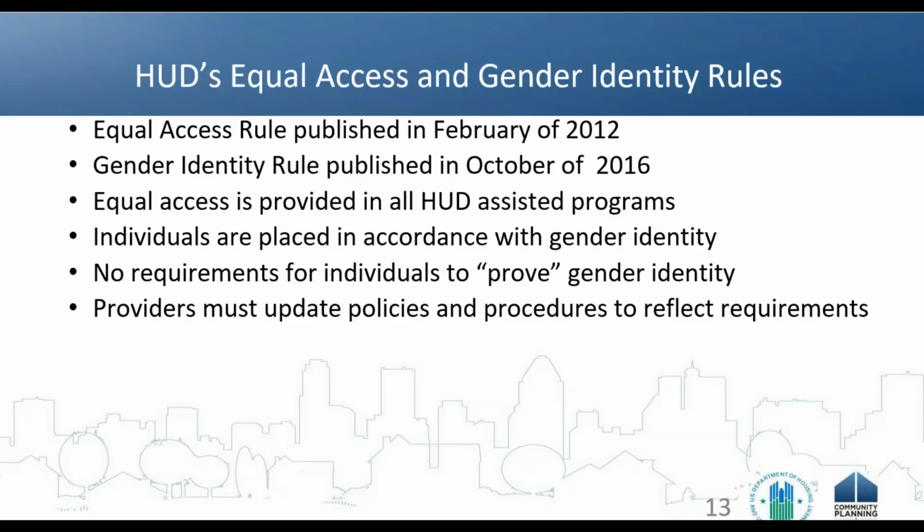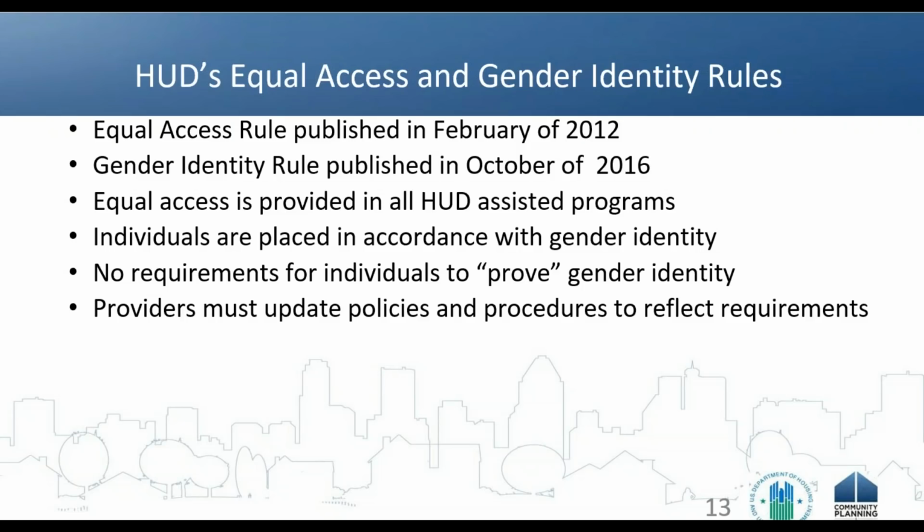So the main point is, with this rule, we're trying to eliminate common sources of inappropriate placements, which can be somebody's assumptions about what somebody looks like, or a reliance on IDs to prove something that IDs are not going to prove. So it's really about getting rid of the barriers that don't need to be there so that we can serve people quickly and more easily and appropriately.